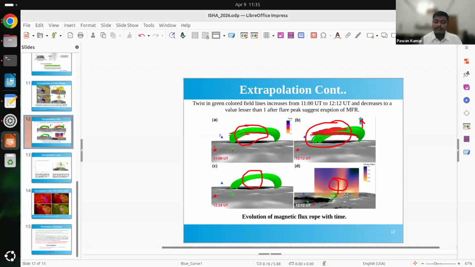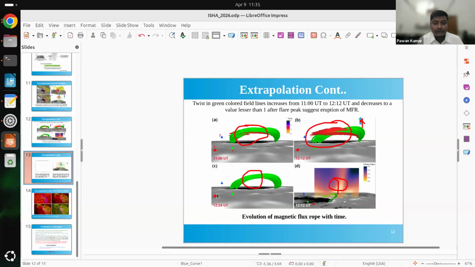Here you will see, the torus unstable region is generally marked by a critical value of decay index that should be equal to or greater than 1.5. So just above the flux rope, we have plotted the decay index and we find the decay index value is increasing from bottom to top. As we move from the bottom to the top region, the decay index is approaching the critical value of 1.5.